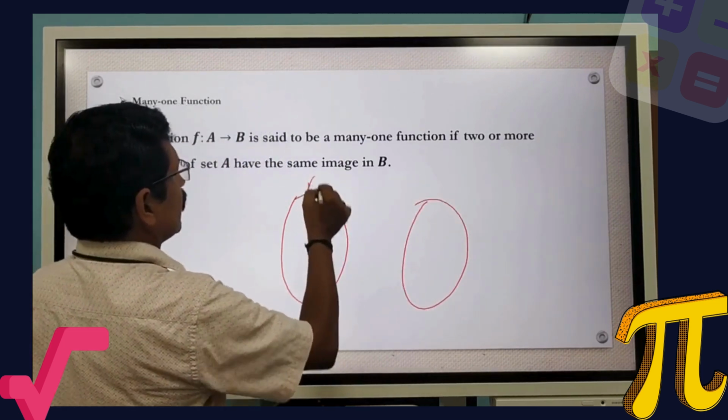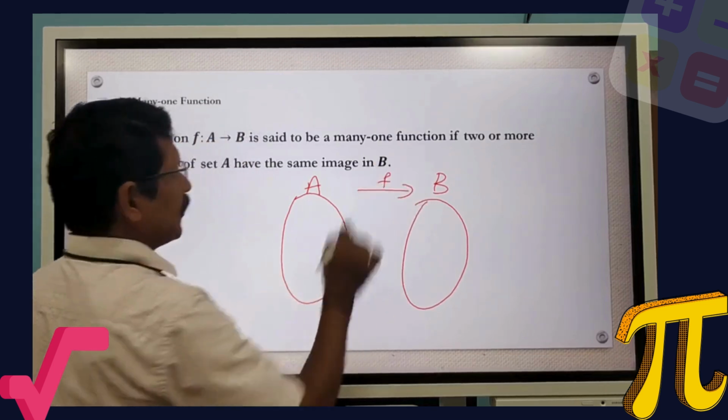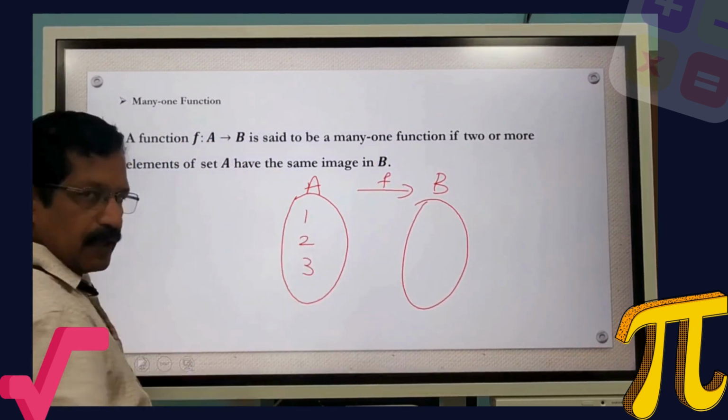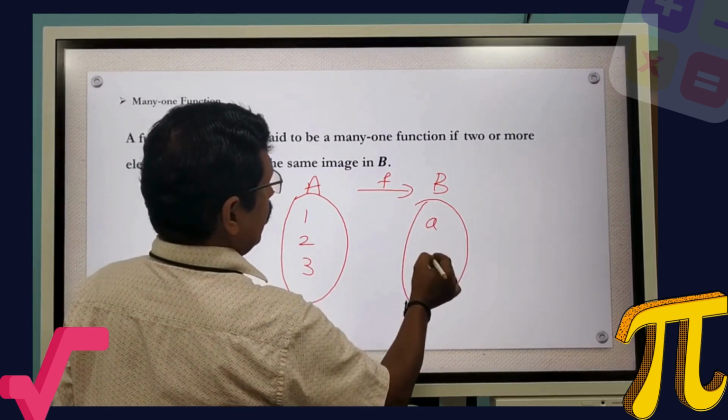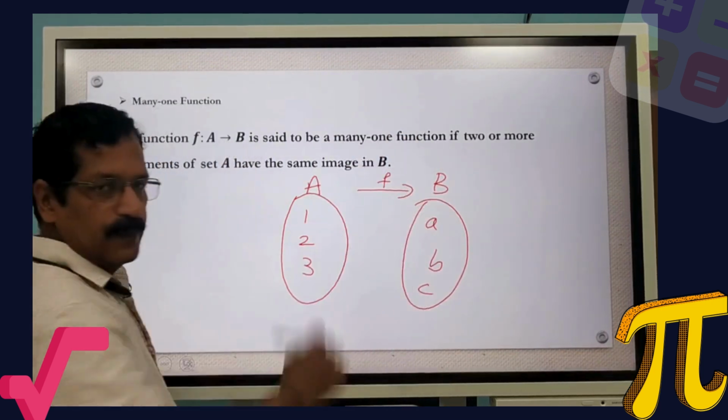Suppose these are the sets A and B. There is a function f from A to B. Elements of A are 1, 2, 3, and B has a, b, and otherwise there will be c also.